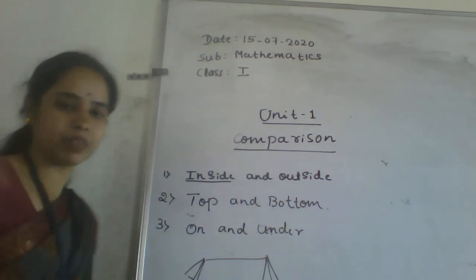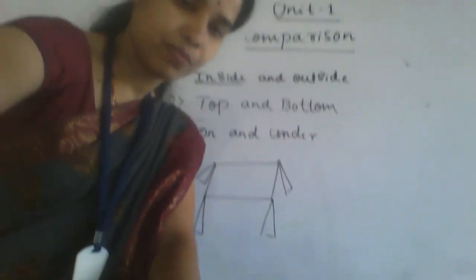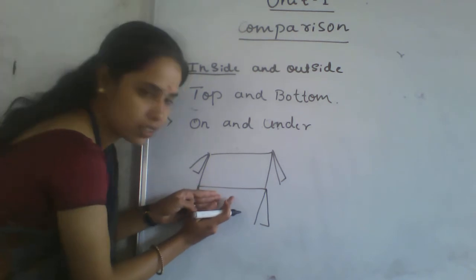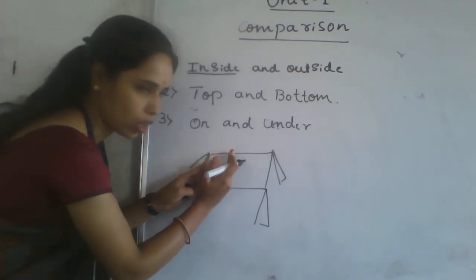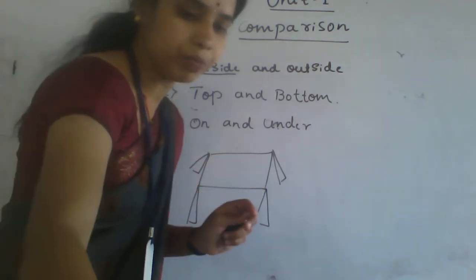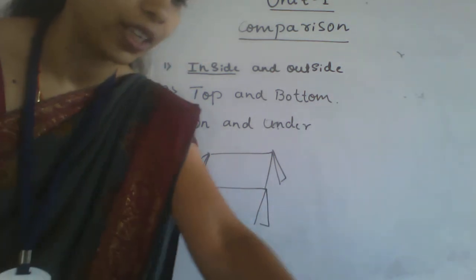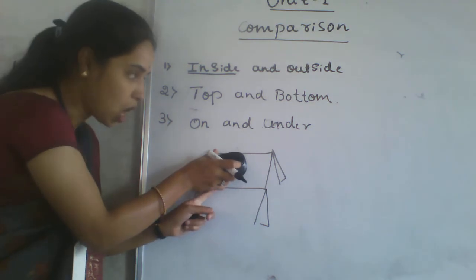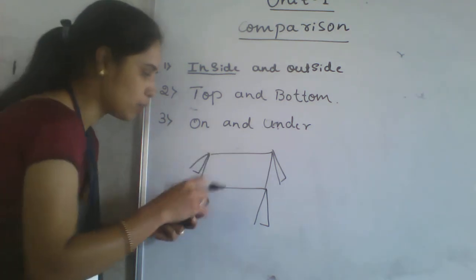It's a table. I hope it's a table, right? It is under, it is on. Here, if I keep this mouse here, what do you say? On the table. It's a table, right?